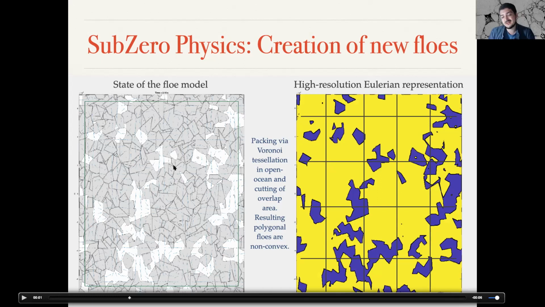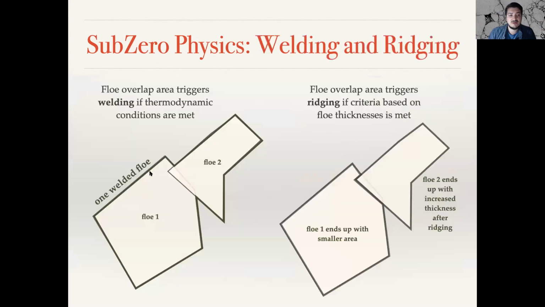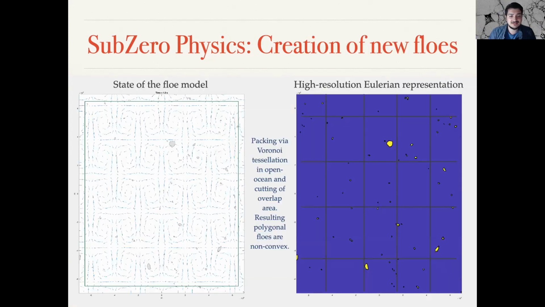So ice doesn't quite care if the area is convex or concave. You just have an open area in the water, and the ice is going to grow in whatever area there is, and that's going to eventually consolidate to become a flow. So this is, I would say, a more natural way of packing the system.